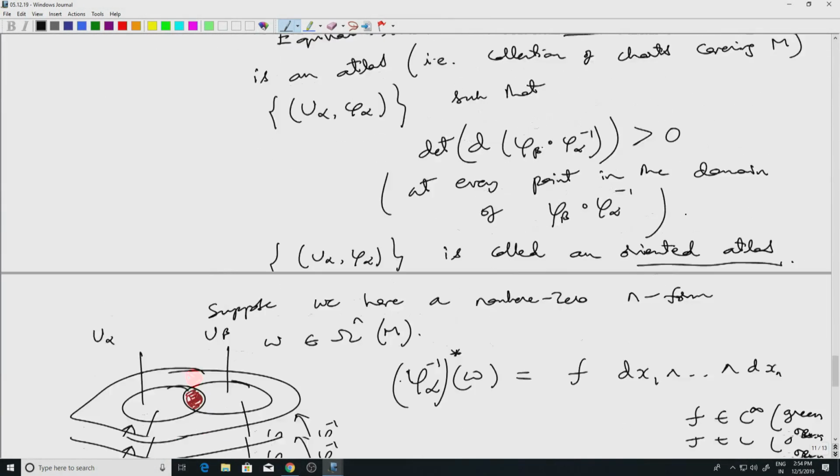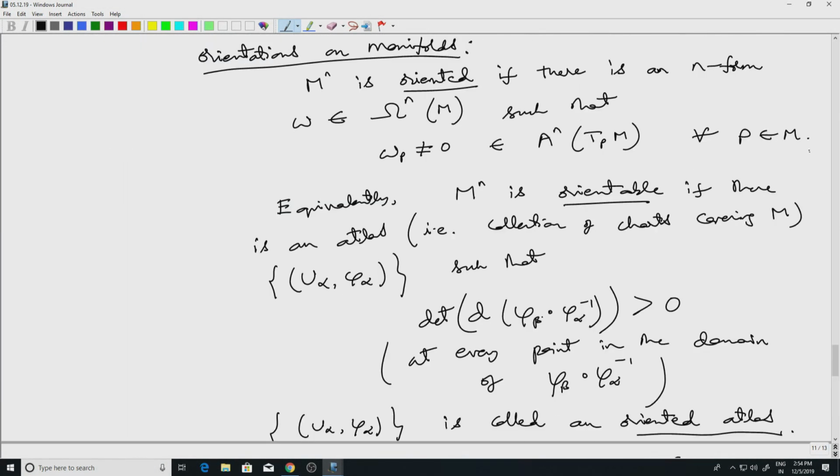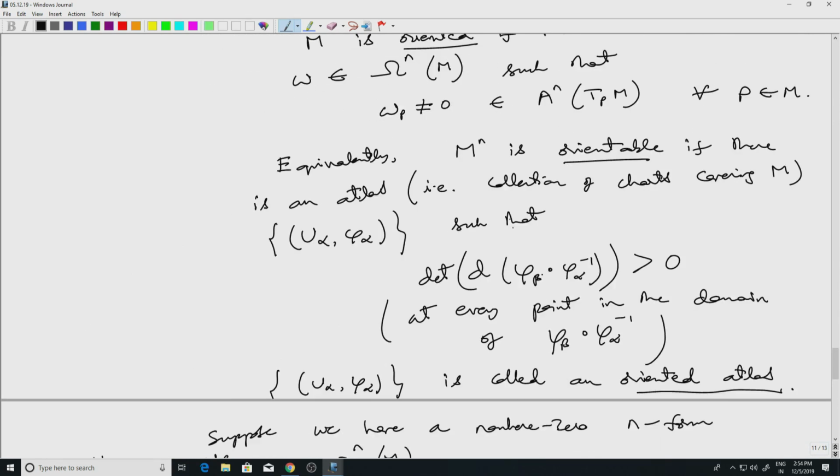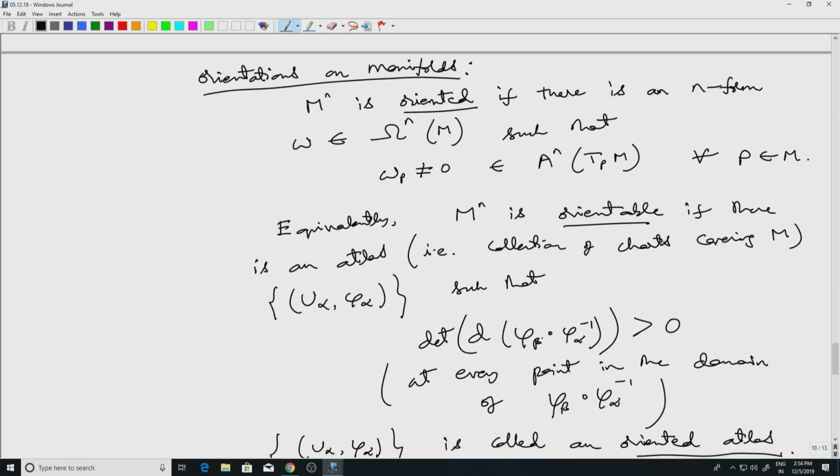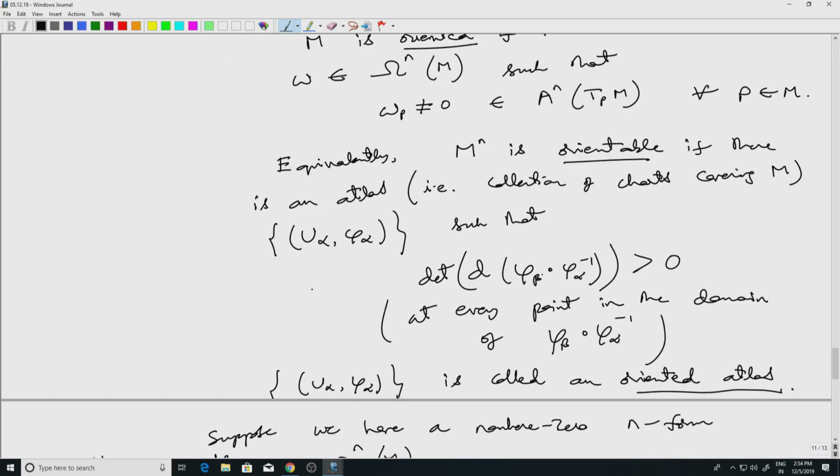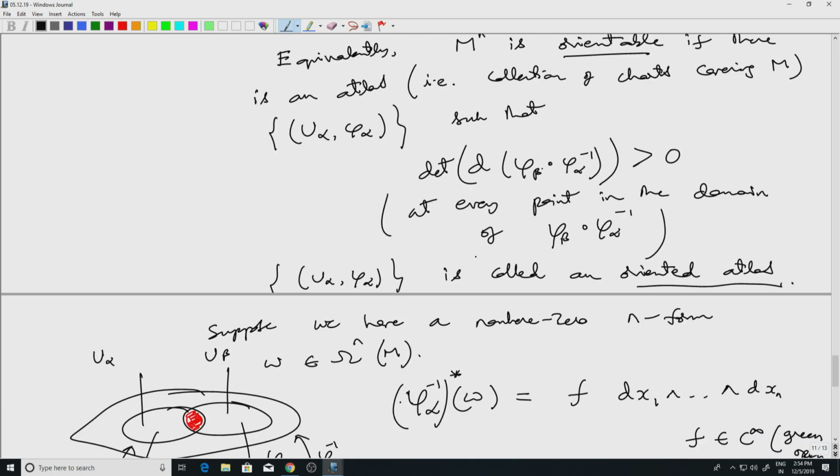Last time I sketched an argument that having a nowhere vanishing n-form on a smooth manifold gives rise to a collection of charts, an atlas in fact, with the property that the transition functions have positive determinants of their derivatives.